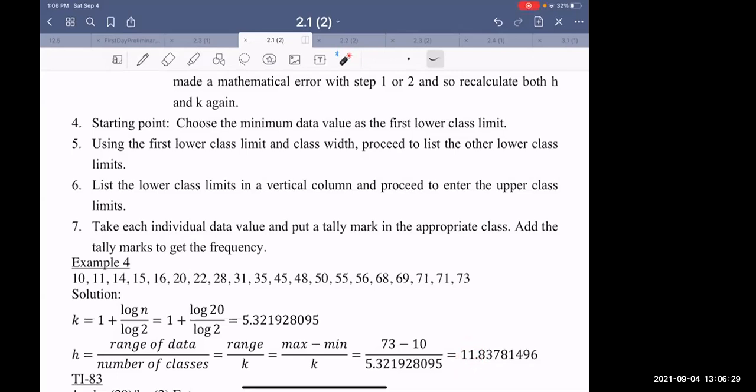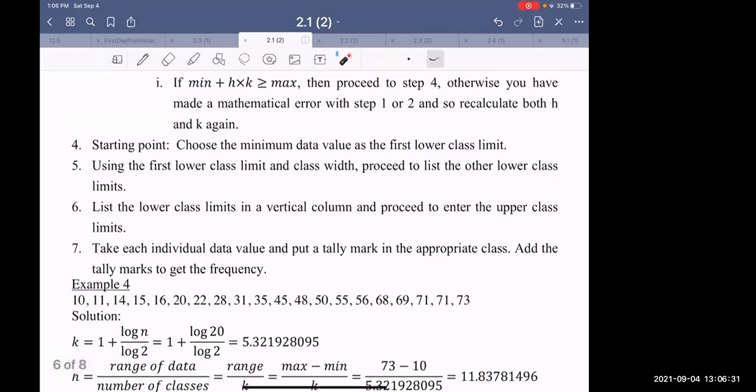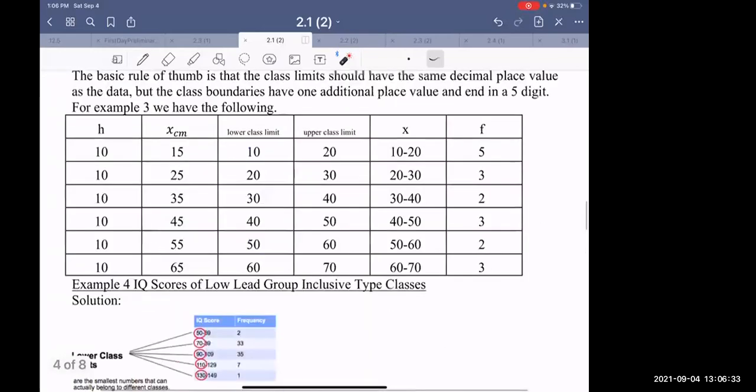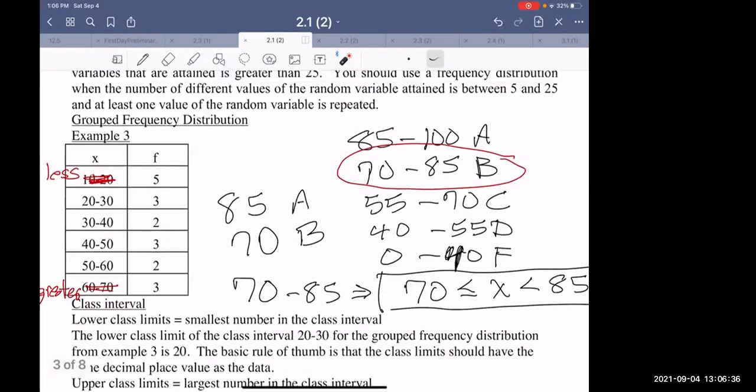Now, if I look here at a grouped frequency distribution, such as this one, which is more work, just making these wider or having to add an additional class?